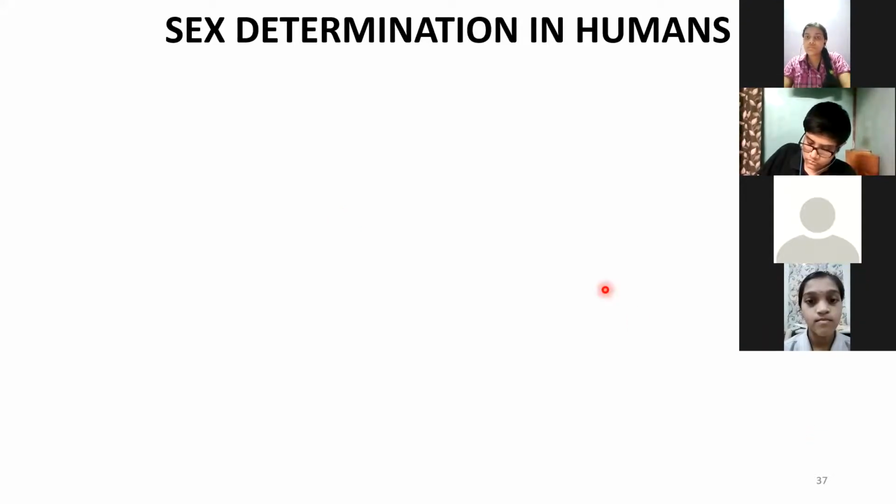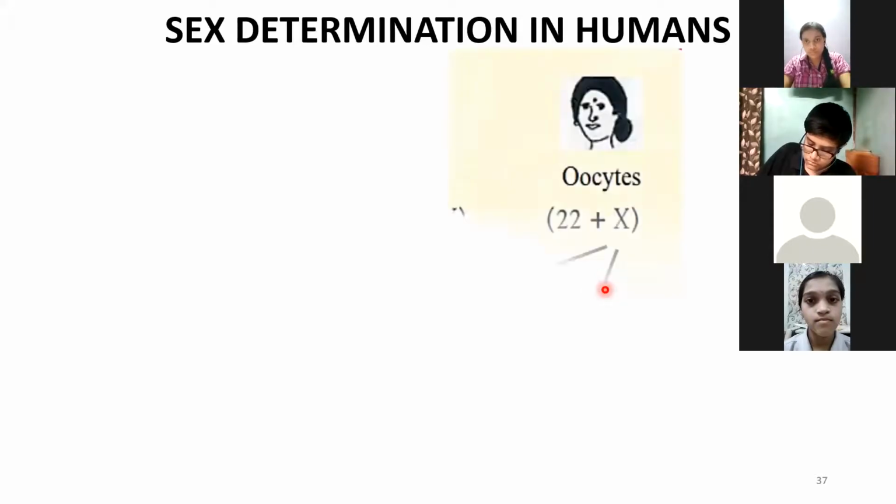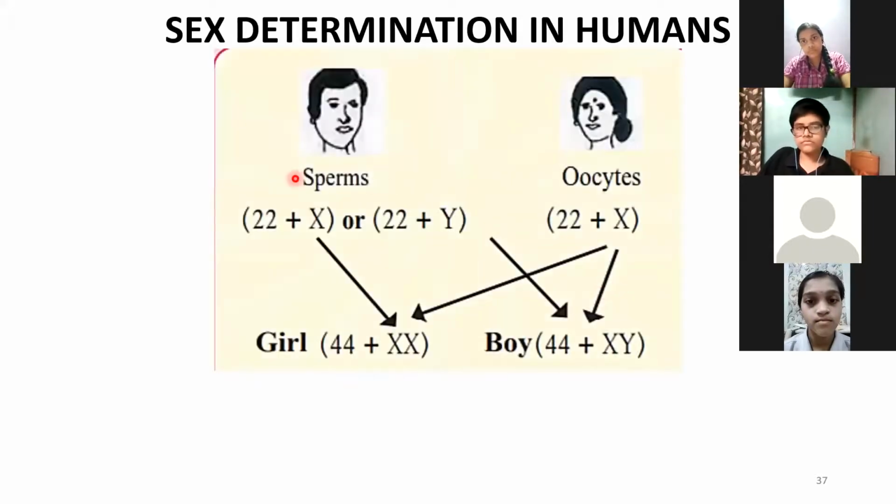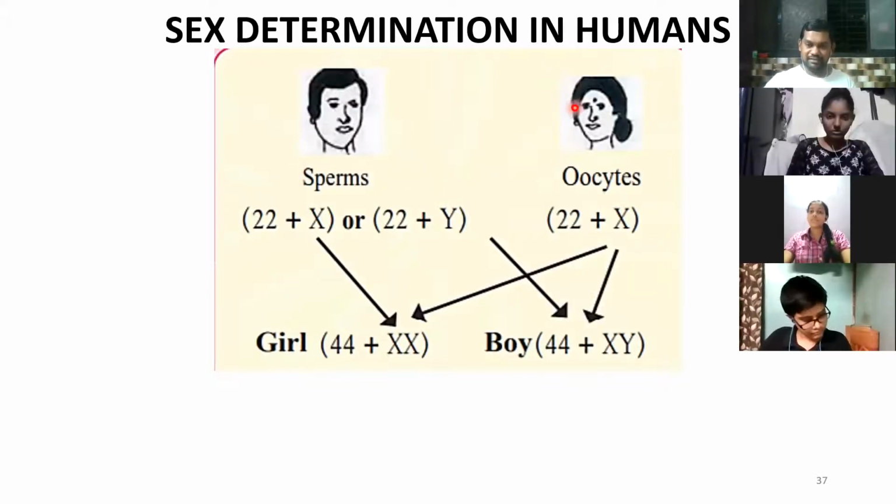See here. You know very well that in every human being, in its cells, there are totally 46 chromosomes. That is our diploid number. Every normal human being has 46 chromosomes.